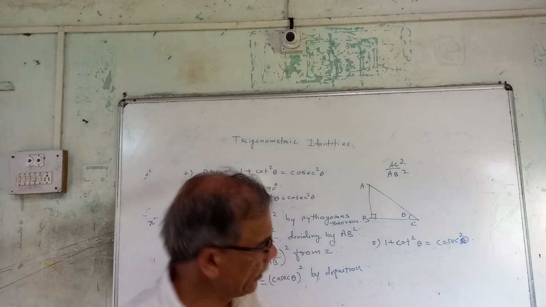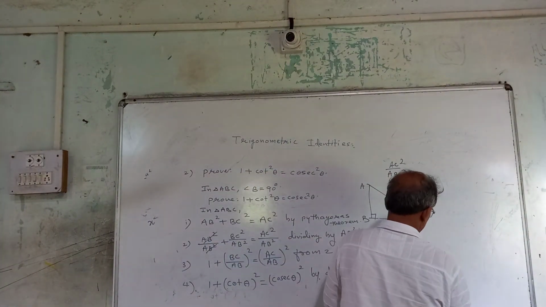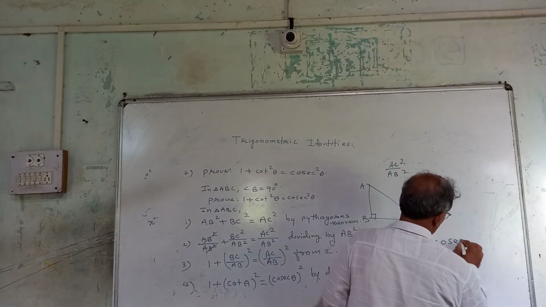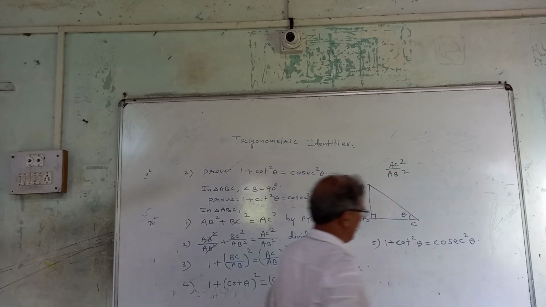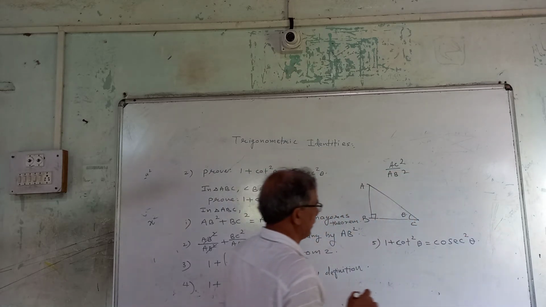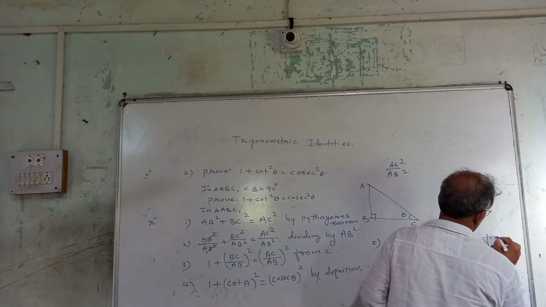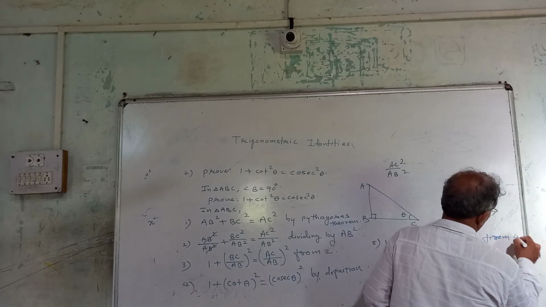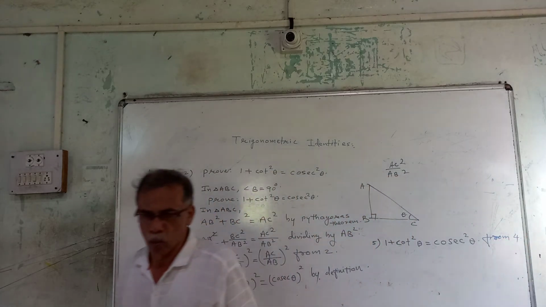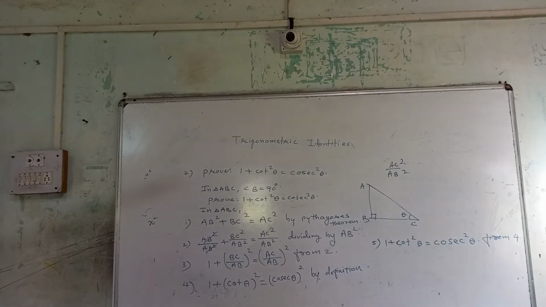So this is how this identity is proved. And if you want, write here from 4. Okay. So this is how that second identity is proved.